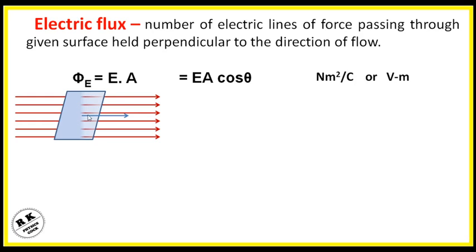Here another thing to remember is the vector of area element. The direction of vector area is always perpendicular to its surface. It will not be in the surface. It will be perpendicular to the surface.